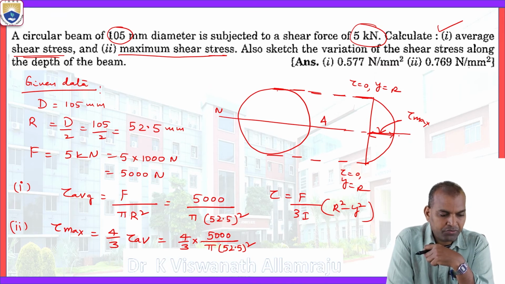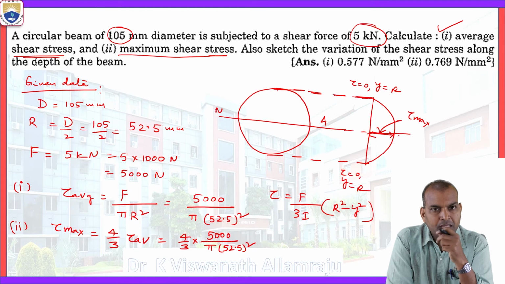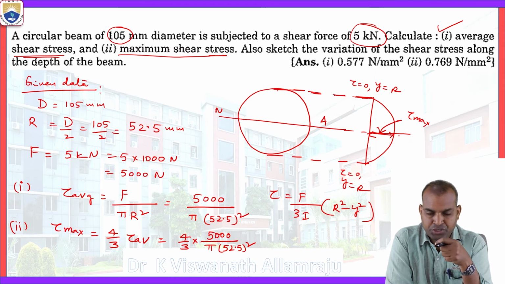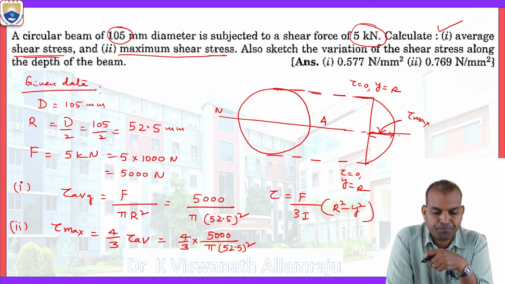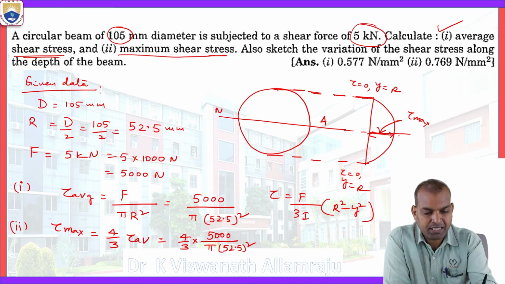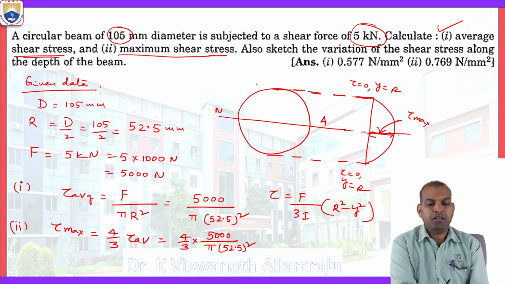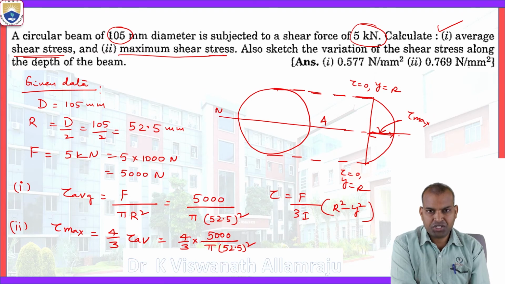Second objective is maximum shear stress. And third objective is to sketch the variation of the shear stress across the circular cross section, or depth of the beam. This is the depth, and how it is varying. So parabolic variation is observed in the case of the circular cross section.